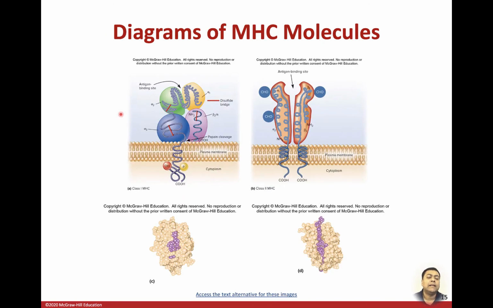So let's take a look at this structure. MHC class 1 contains a larger molecule, a heterodimer of an alpha protein and a beta protein. The alpha is about 45 kilodalton and contains the alpha 1, alpha 2, and alpha 3 domains. You can easily see that.